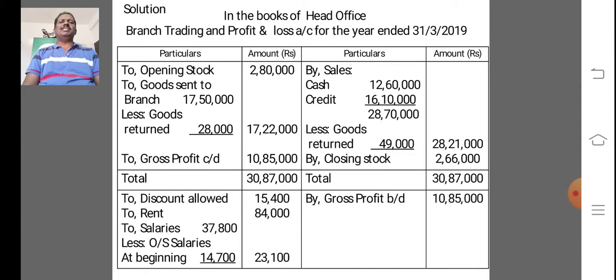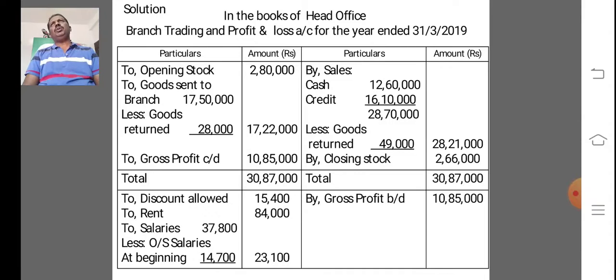And crediting the sales, both cash and credit, 12,60,000 and 16,10,000, total 28,70,000, less goods returned 49,000. So the balance is 28,21,000. By closing stock 2,66,000.